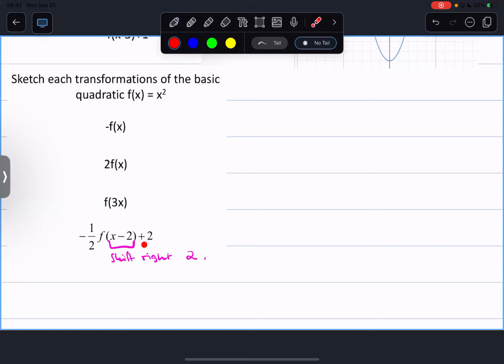I'm going to go up 2. I'm avoiding the 1/2 because we haven't talked about squeezing it or that yet. I think I jumped in too fast here. Up 2. We can do the negative.